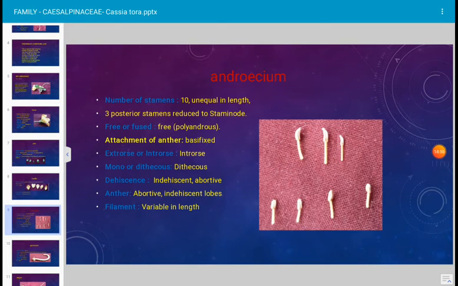The anther is introrse, which means the face of the anther is toward the central axis of the flower. It is a dithecous anther, and the anther is abortive. Filaments are variable in length. Next.